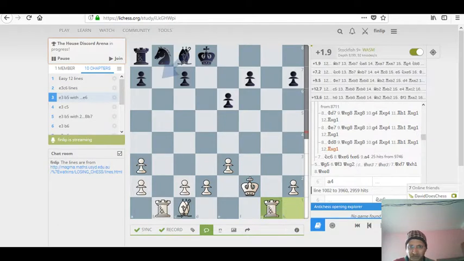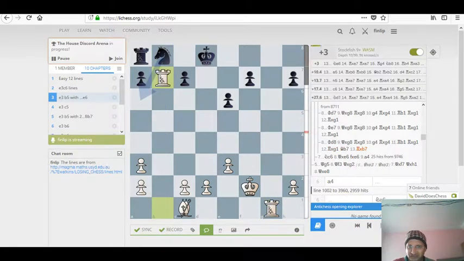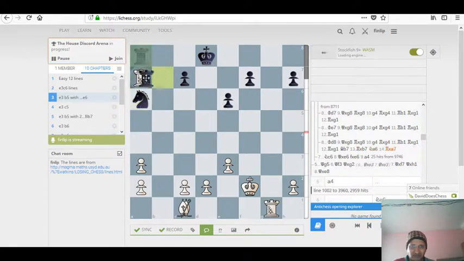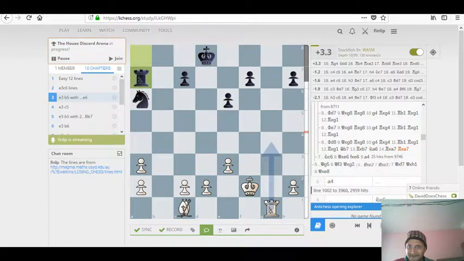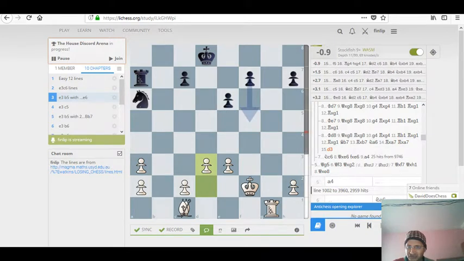And now here we are given a few more lines like bishop b7, rook takes on b7, and then knight a6, rook takes a7, rook takes a7, and then we have the move d3. Okay, d2 to d3, d2 to d3, and there are 4 hits from 8731.